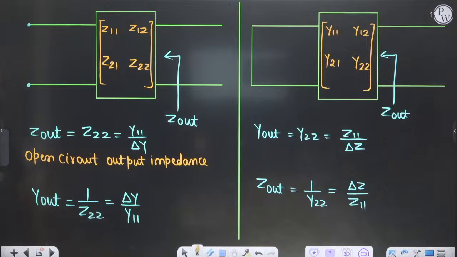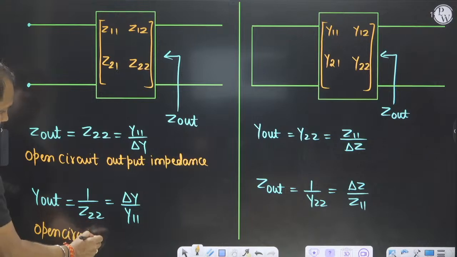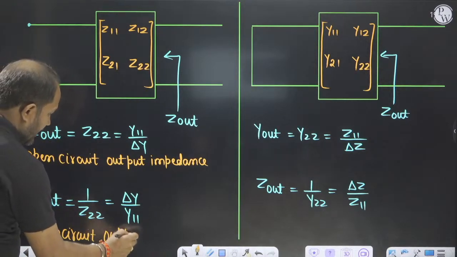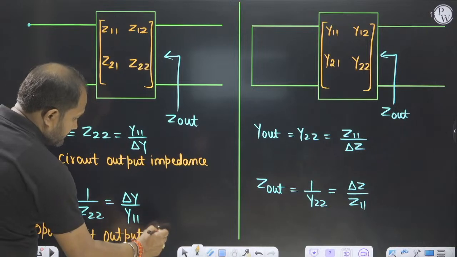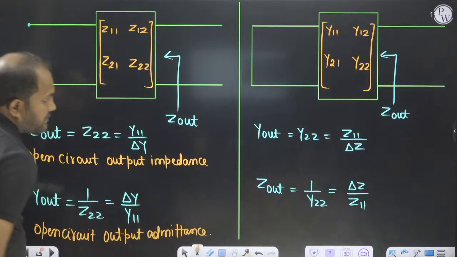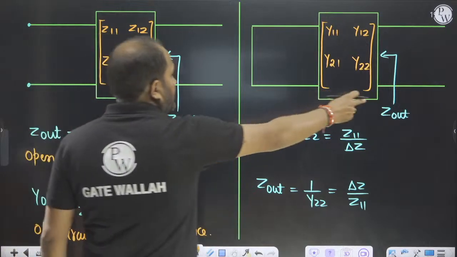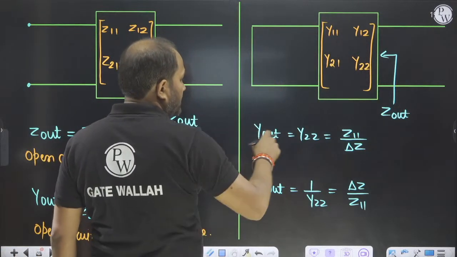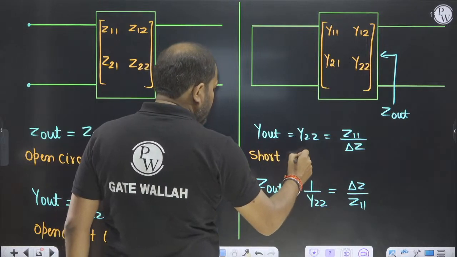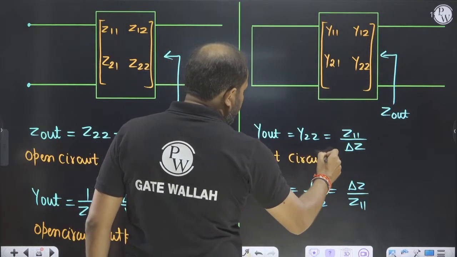Second thing, this one is open circuit admittance, so output admittance. In case of this short circuit, admittance, so short circuit output admittance.